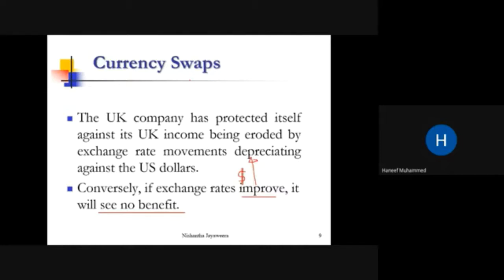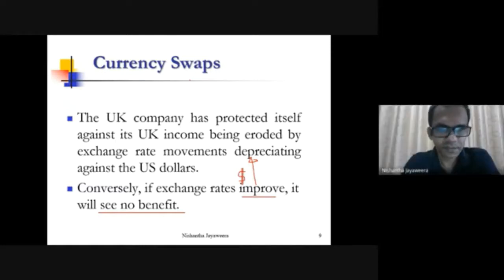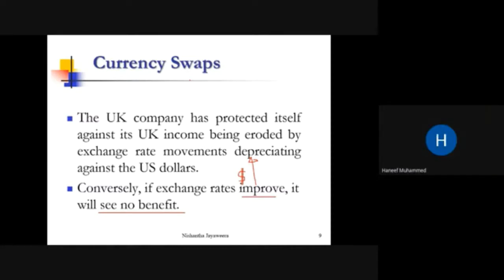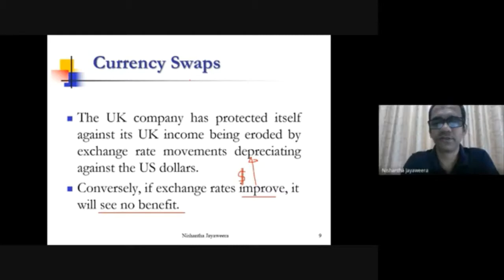So Shanta, what you are telling is now this arrangement will cover us only from preventing a loss, no? Yes, possible loss. So that's why even if there are improvements in the rates, there's no benefit gain. It's like a forward contract.